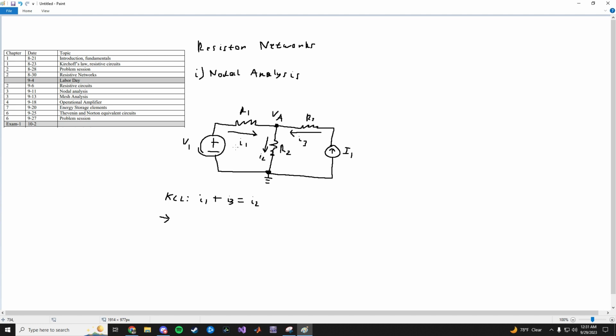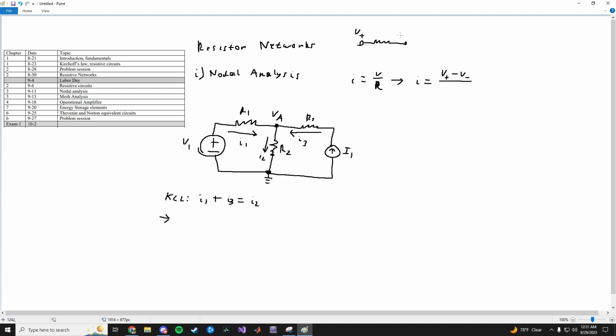I'll start with I1. Remember, I equals V over R. But how does that apply to nodal analysis? The more general version of Ohm's law says I equals the high side voltage minus the low side voltage, or the high potential minus the low potential, because voltage is the potential between two points, say for a resistor.